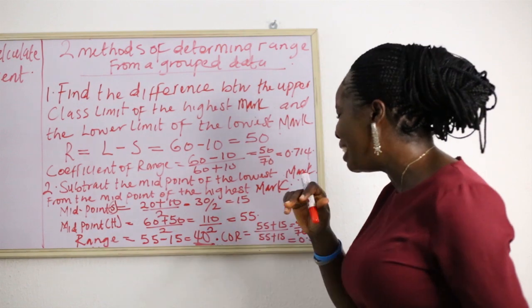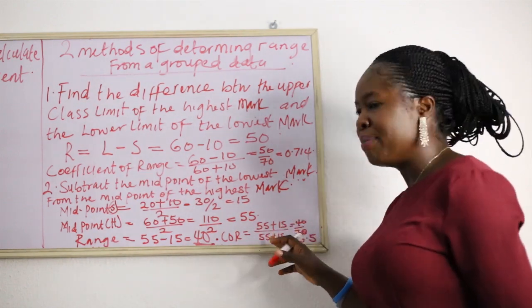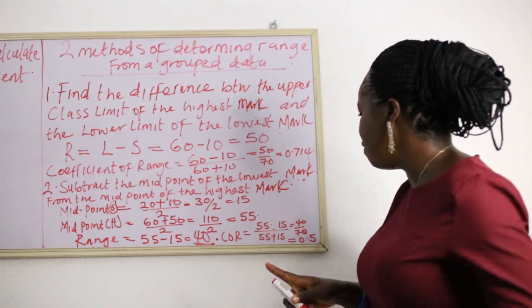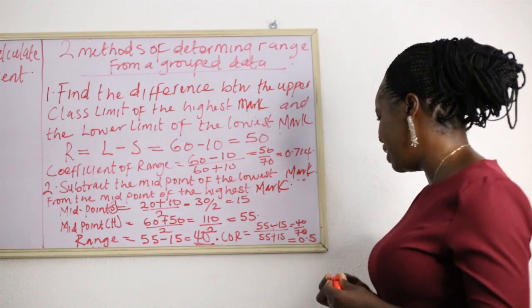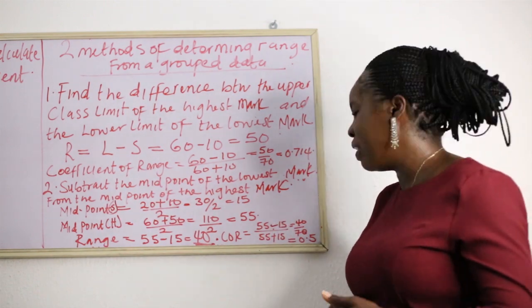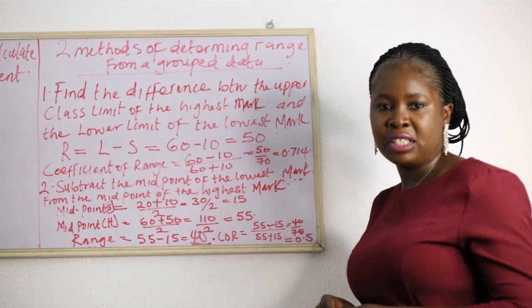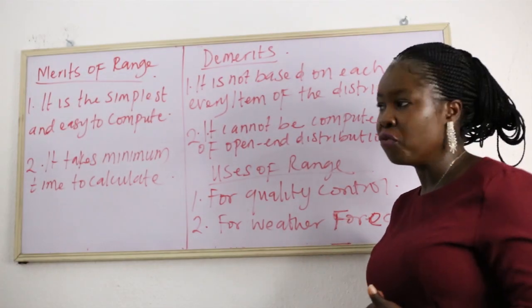Then the coefficient of range will be 55 minus 15 divided by 55 plus 15. That is 40 all over 70, and that is equal to 0.5.